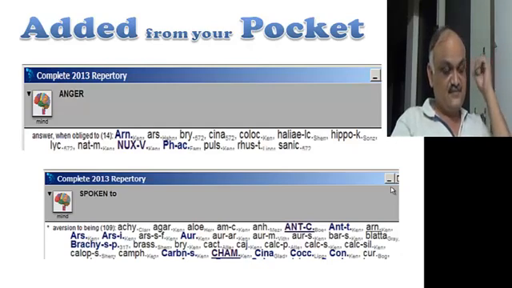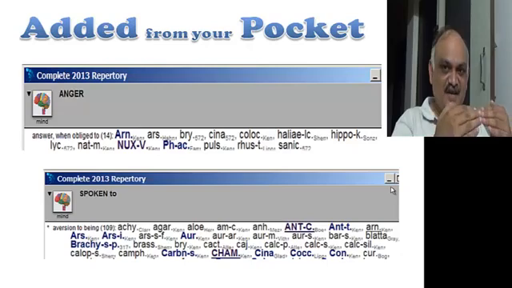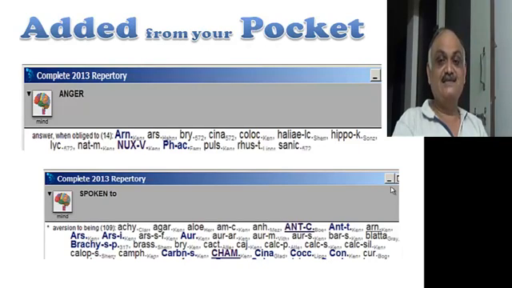Let's see. Anger, answer when (2). Now you just don't know anything. When you choose this kind of rubric, what does it indicate? You don't know anything about the repertory. Only then do you make these grave mistakes, because you need to be as exact as you can. Here the meaning is that a person is not answering because when somebody tells them not to answer, at that time the person is answering.